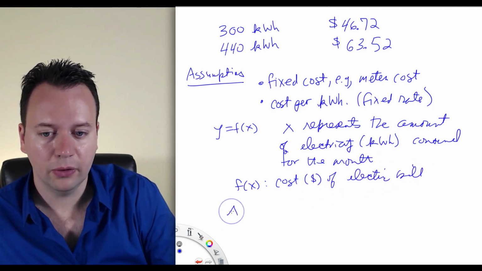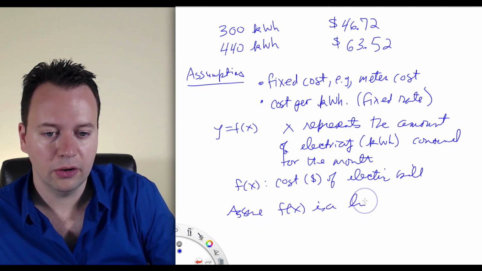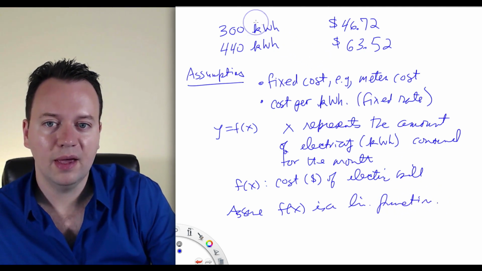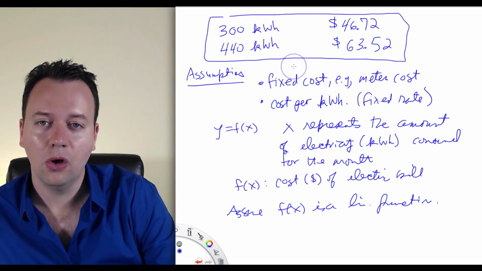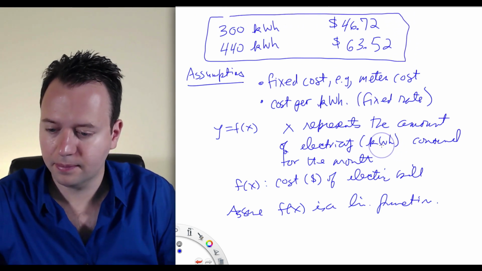So basically we'll assume that f of x is a linear function. We have these two data points, and we have to figure out what the linear function is.